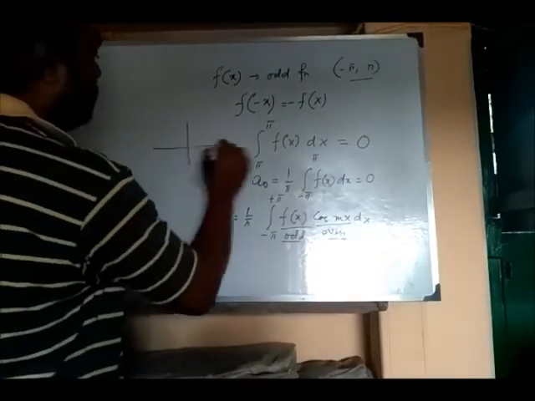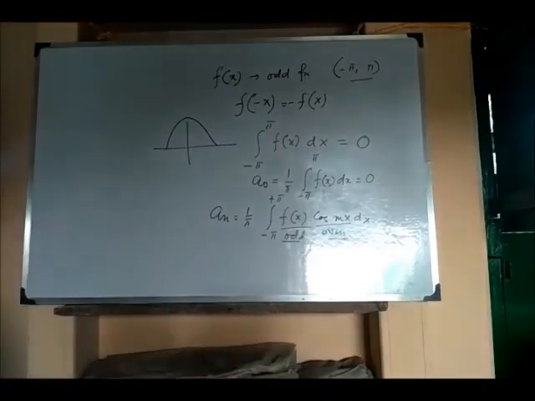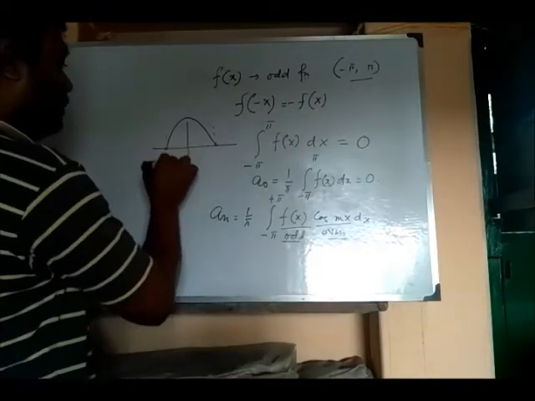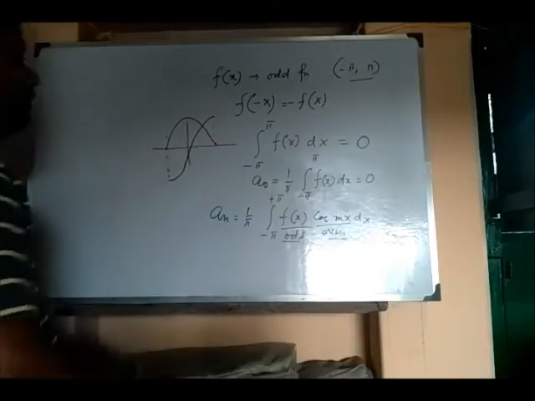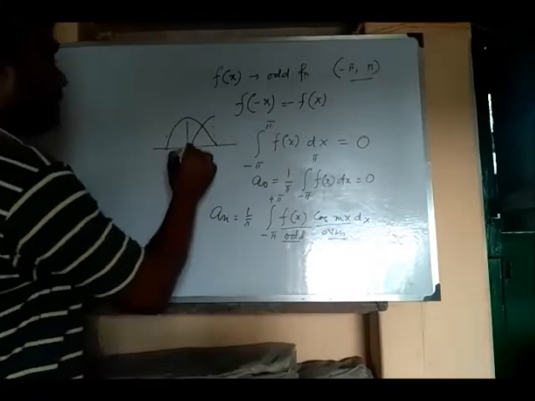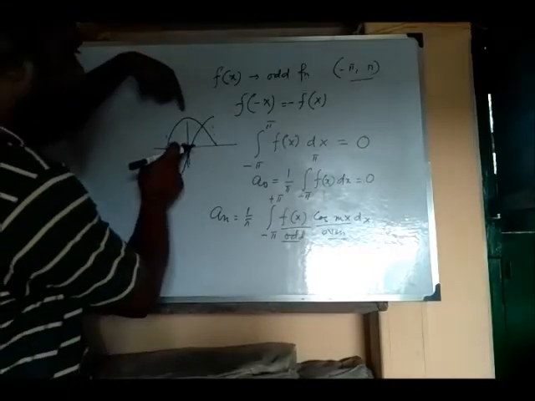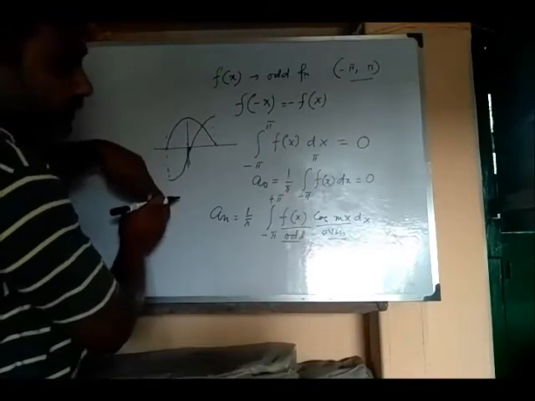You are choosing an even, symmetric function, and you are multiplying it with an odd function. Just multiplication. Now what will happen? When you multiply this term with this, it will automatically reverse its direction, right?